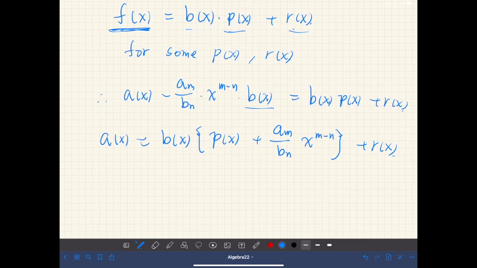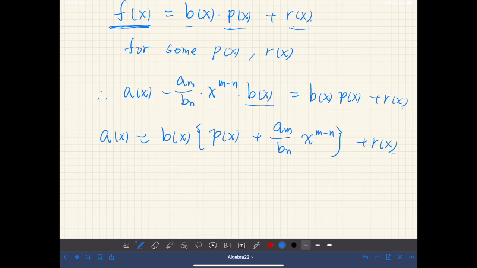And so the degree of r of x is either 0 or less than the degree of b of x. And this is another polynomial, so we could set this as q of x. So this satisfies the form that is claimed in this theorem, and we are done.